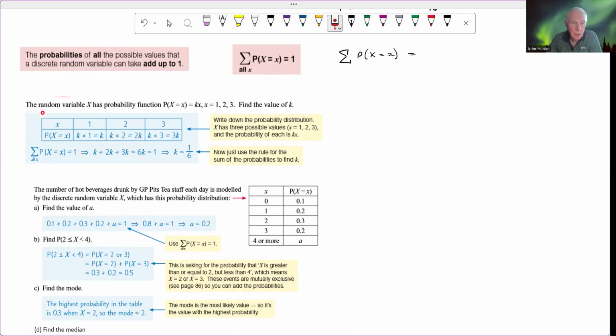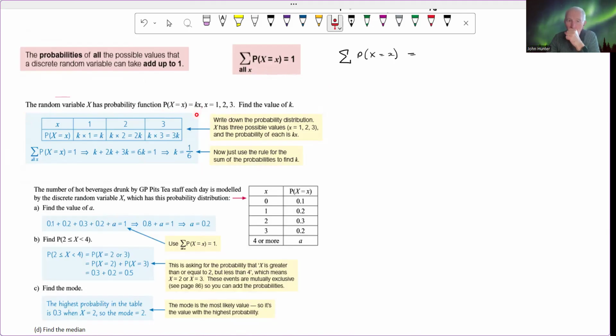Right, the random variable x has probability function this. This is an example. Find the value of k. The probability that the random variable takes the value x is equal to k times x.